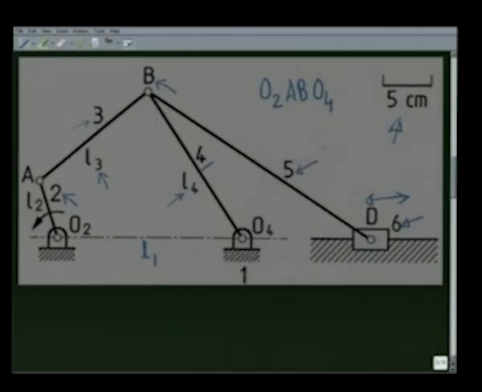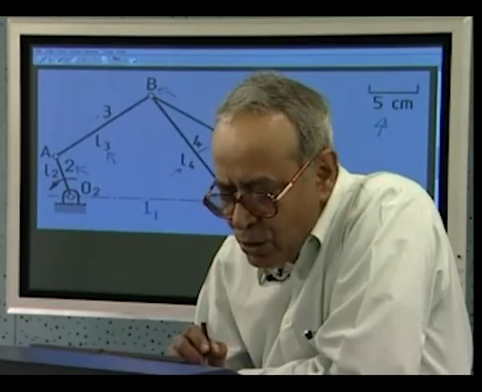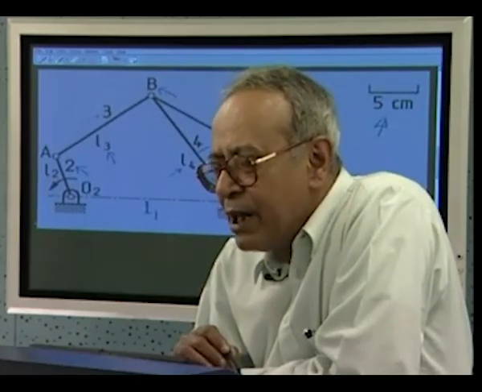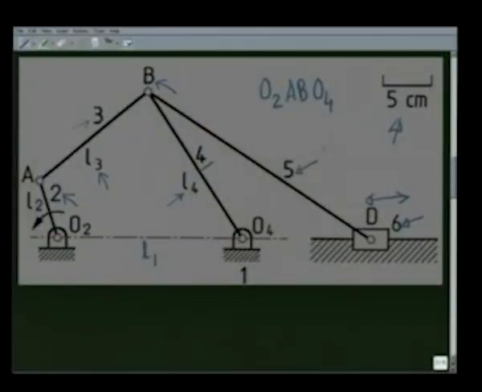So this is a Grashof linkage with O2A as the shortest link. Consequently, this link O2A will rotate completely. We have to find out what is the rightmost position of this point D and what is the leftmost position of this point D, such that I can determine, say, DL and DR, which will give you the stroke length of the slider 6.